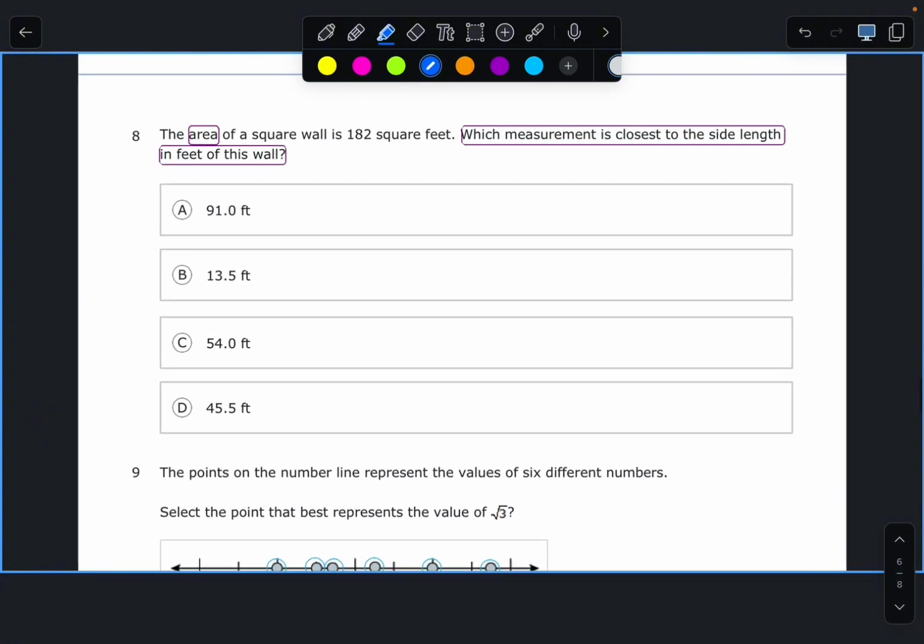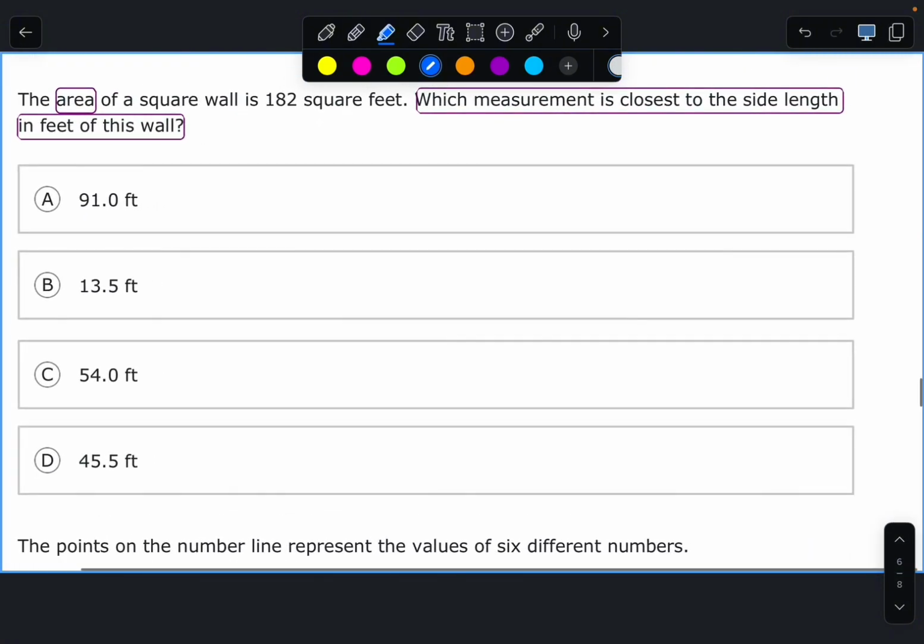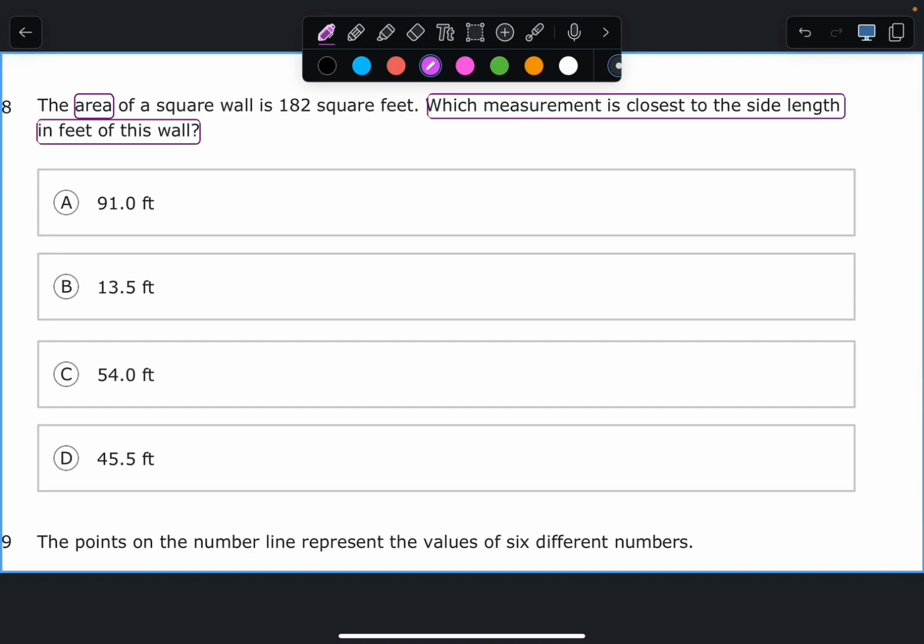Area. Looking at the difference between area and side. When you're thinking of area, you're thinking of what shape? Square. Thank you. An area would represent the inside or the outside of that square? Inside. Area is a number that is squared.